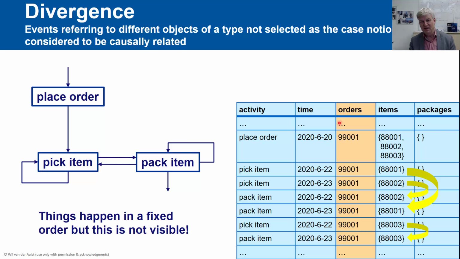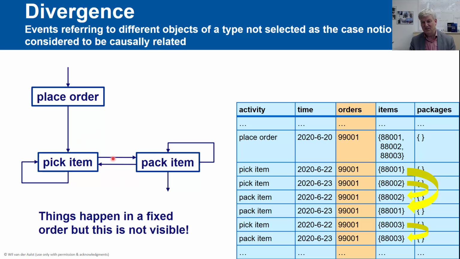But because we are using orders as a case identifier, we now suddenly see all kinds of connections here that do not exist at item level. For example, in our data we see that pick item is followed by pick item. That is this arc. Or pack item is followed by pack item. That is this connection. Or pack item is followed by pick item. That is a backwards arrow.